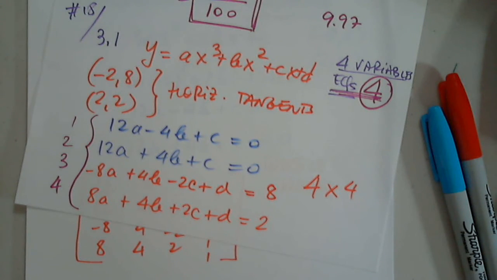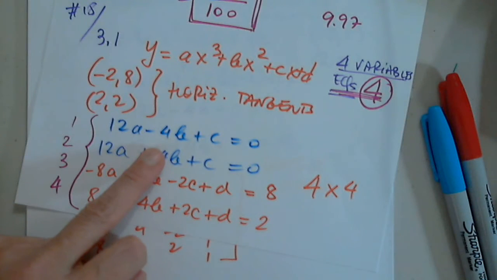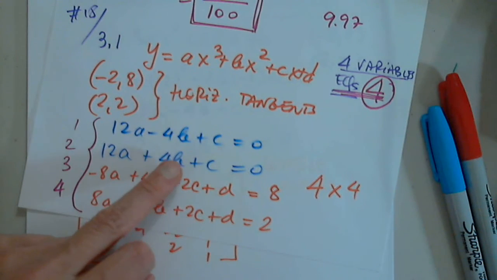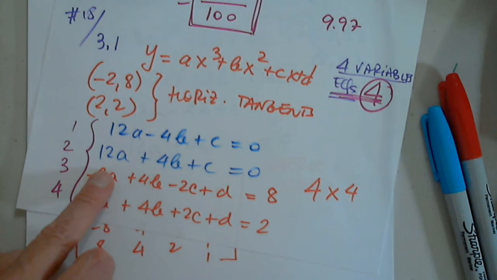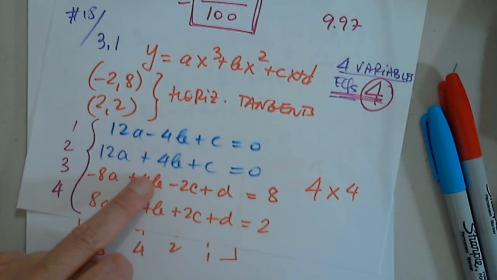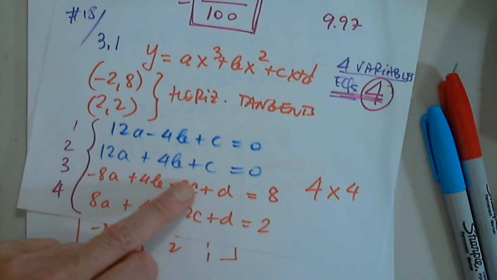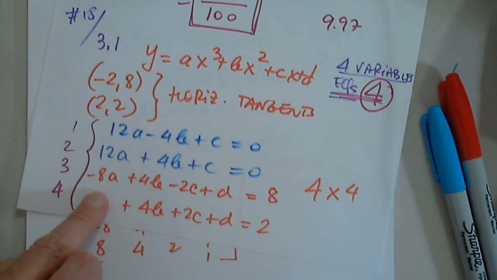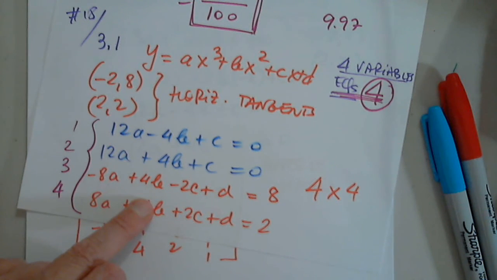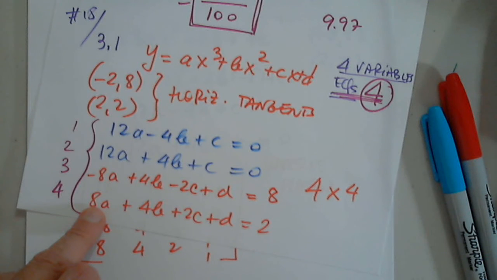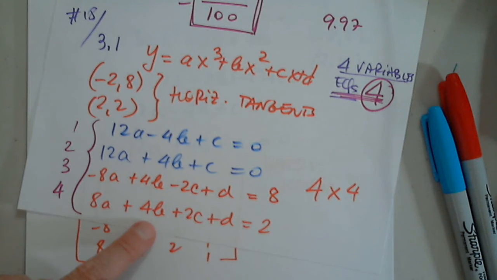And I enter by row: 12, negative 4, 1, 0, 12, 4, 1, 0, negative 8, 4, negative 2, and 1. Last one, 8, 4, 2, and 1.